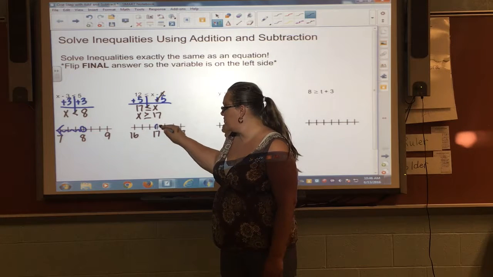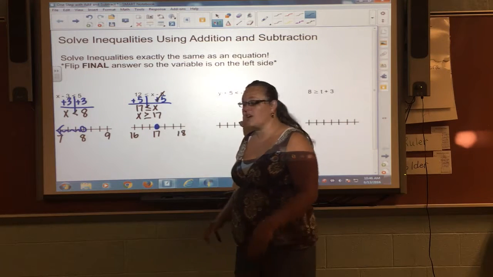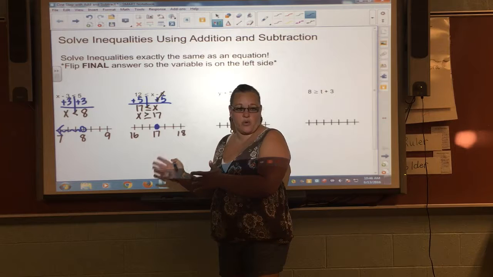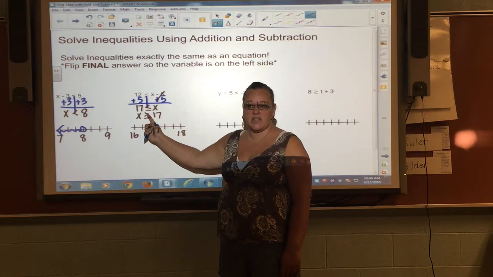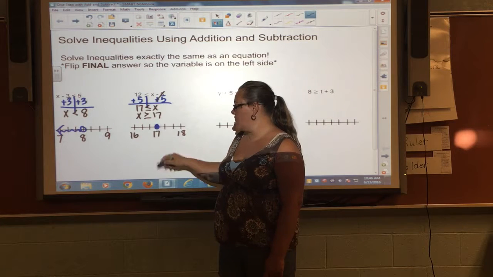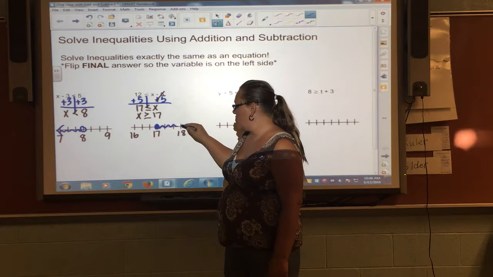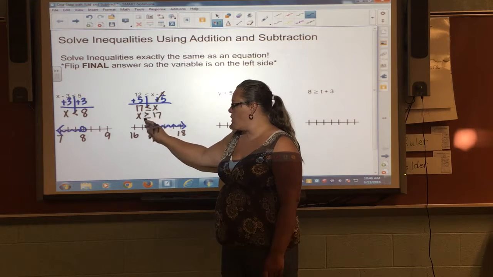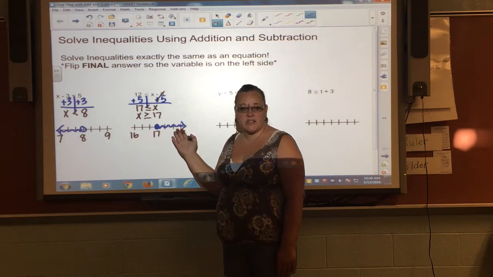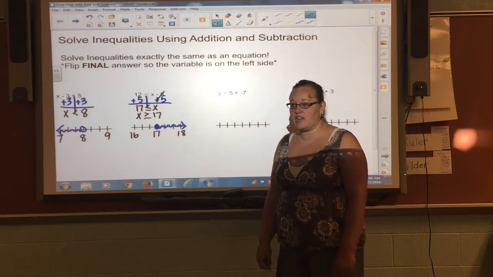So that means we need to shade that dot in, because 17 is an answer or a solution. And then we can shade the way this inequality sign tells us to, which is pointing to the right. So we will shade up to the right, and again, our arrowhead and our inequality should be the same. That lets us know that we shaded in the correct direction.